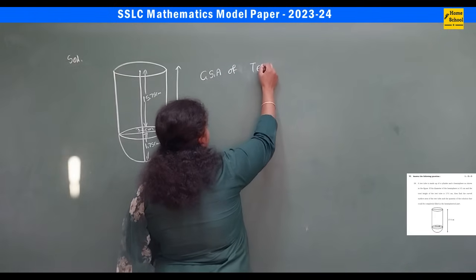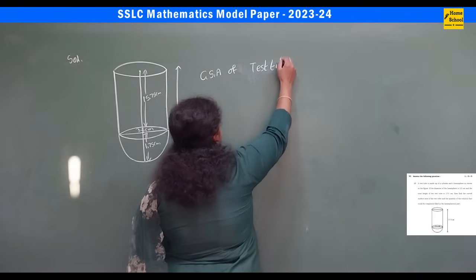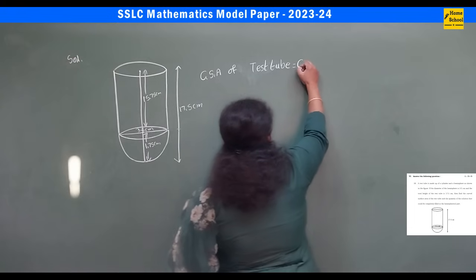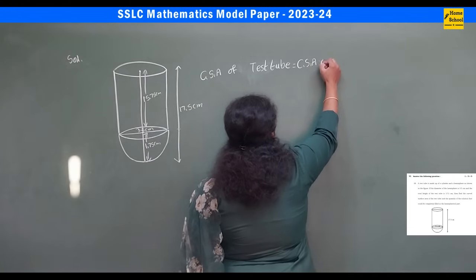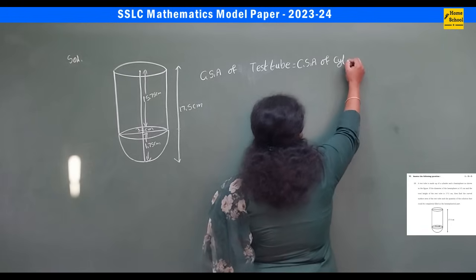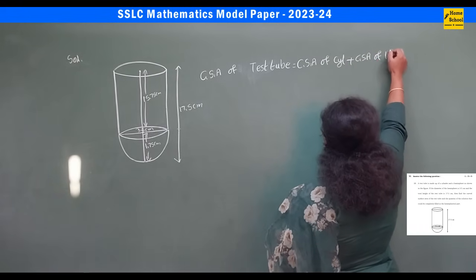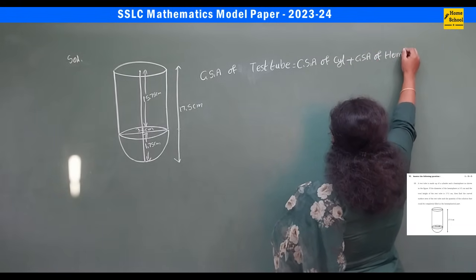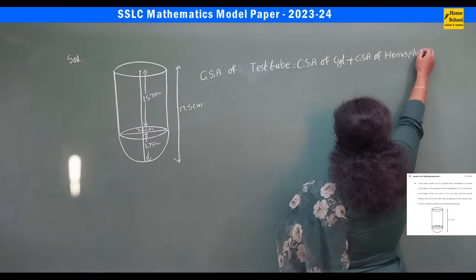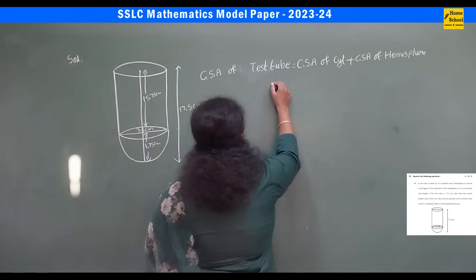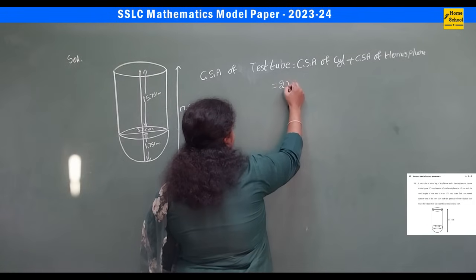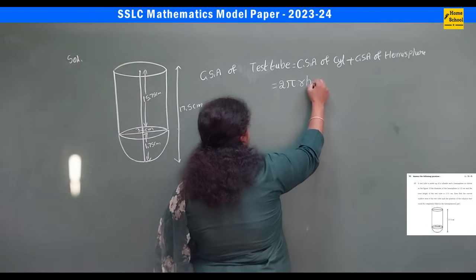CSA of test tube. So write the formula here. CSA of cylinder plus CSA of hemisphere. What is the CSA of a cylinder formula? 2 pi rh.